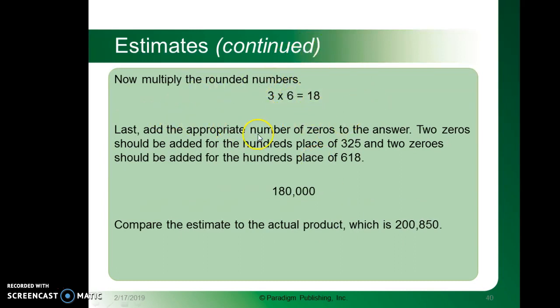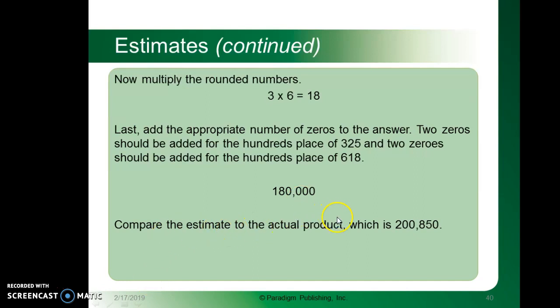The last step is to append the appropriate number of zeros to the answer. So 2 zeros should be added for the 325, and then 2 zeros for the 618. Okay, so 2 zeros for the 300 and then 2 zeros for the 600. So then our answer is 180,000.